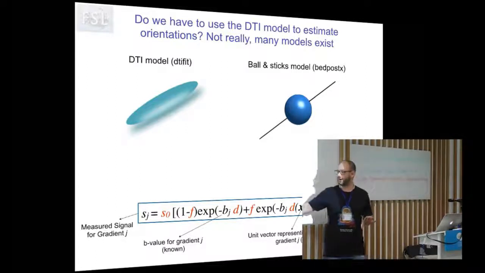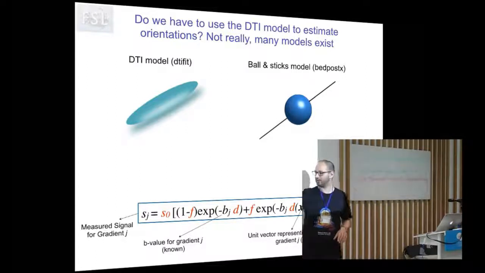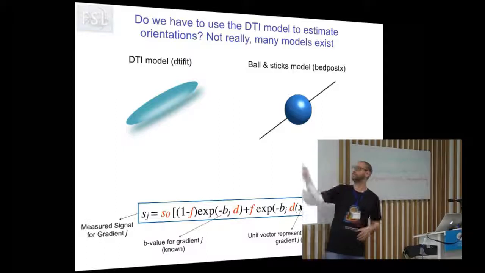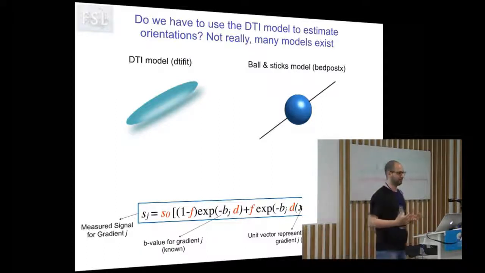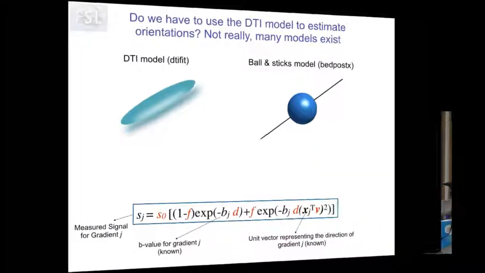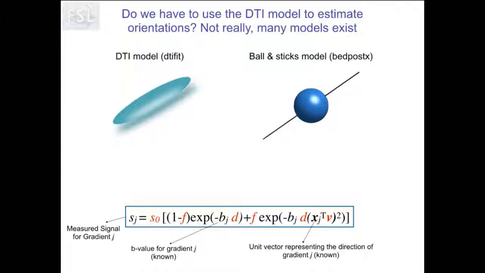We're trying to describe an isotropic compartment, the ball, so the fraction of water molecules that is free to move at that specific spatial location. And we try to combine it with the exponential of the stick compartment. This is why we call it a multi-compartment model.